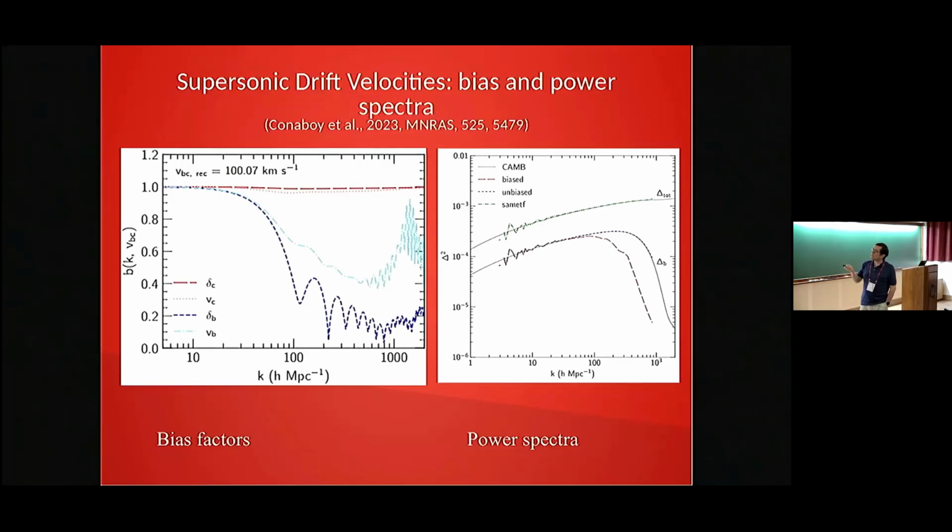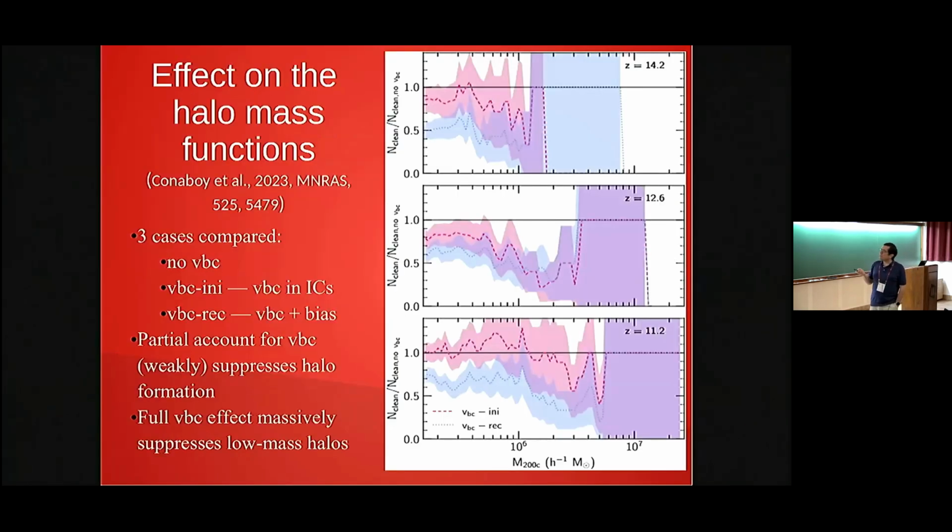So you get significant suppression of the power on small scales, which then feeds into suppression of gas in small halos, which then merge and suppress gas in larger halos, and so on. So this is the power spectrum, and this is the bias that we introduced and are using. When you do that, we compare 3 different cases.